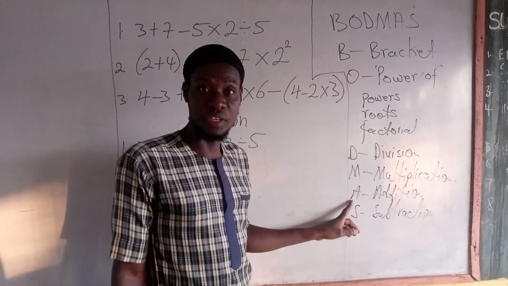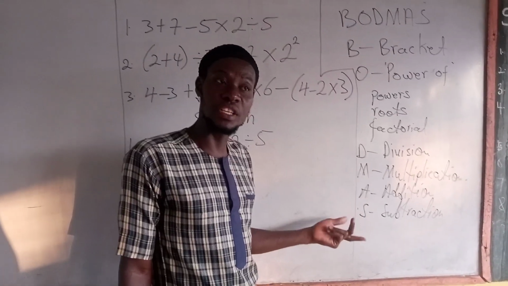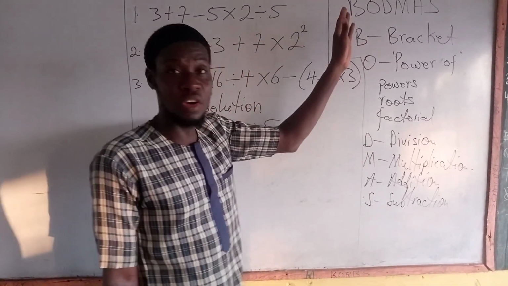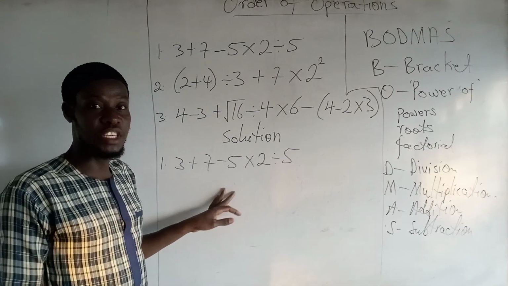So if addition appears first, you simplify that one before subtraction, and if subtraction appears first, simplify that one before addition. With this, let's now apply the concept to solve the following questions, starting with the first one.